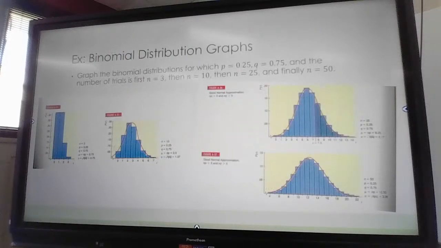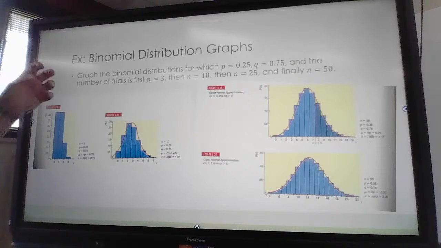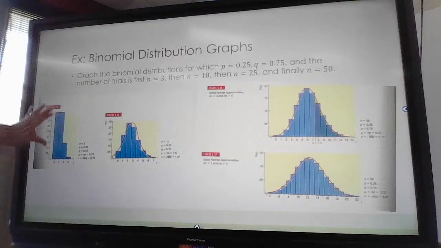So here's an example. Graph the binomial distributions for which the value of p is 0.25 and the value of q is 0.75, and the number of trials is n equals 3, then 10, then 25, and then 50. Here's the first one where n is 3.